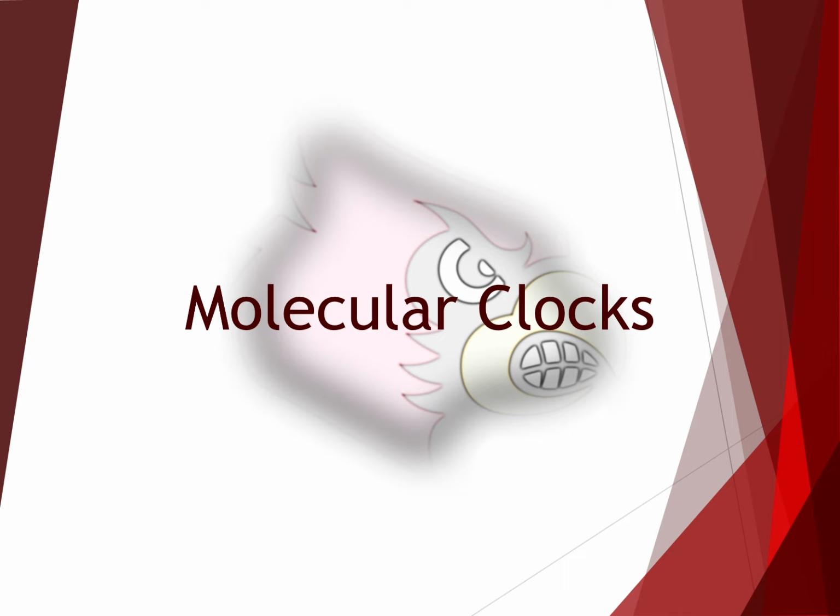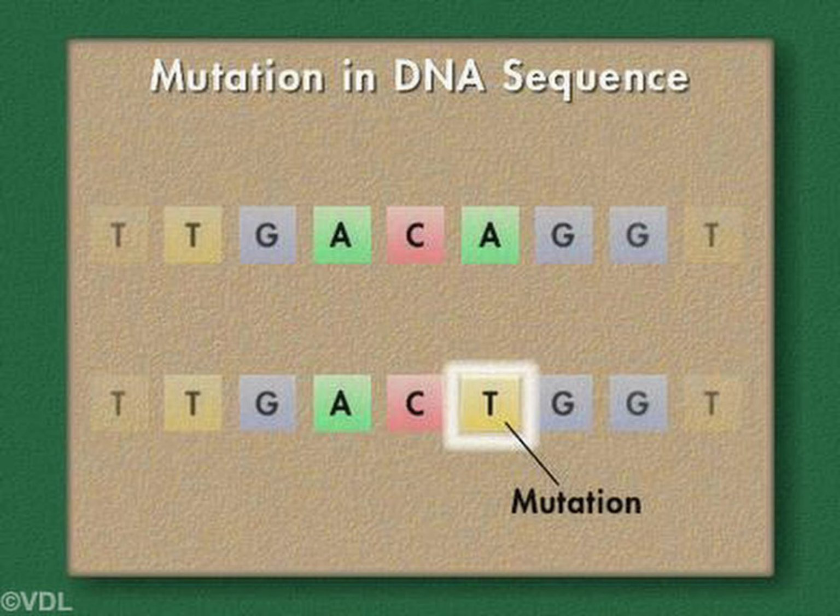New left-hand column, molecular clocks. Molecular clocks are techniques that use genetic mutation rates to determine historical time when divergence of species occurs. There is some evidence that some evolutionary changes take place at a molecular level in a clock-like fashion.